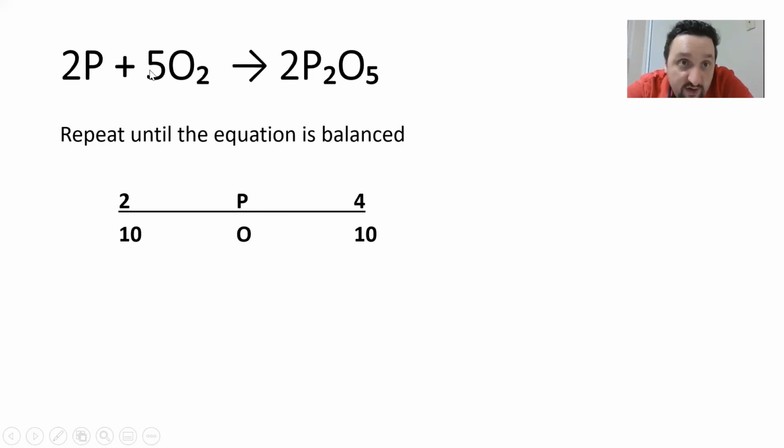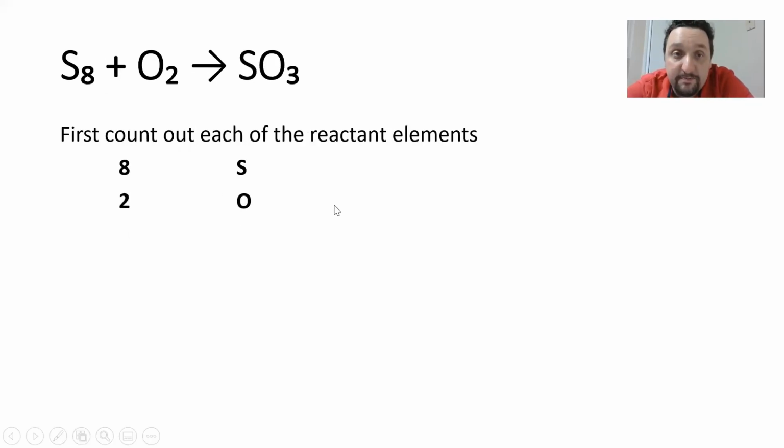In that case, 5 oxygens became 10 oxygens, and 2 times 5 became 10 oxygens. Hey, the oxygen's balanced, but phosphorus is imbalanced now. Well, that's easy enough. Instead of having 2 phosphoruses, let's have 4, and now the equation is balanced.